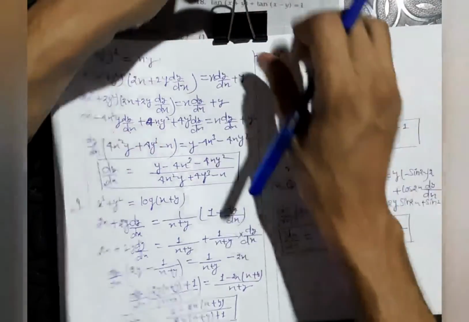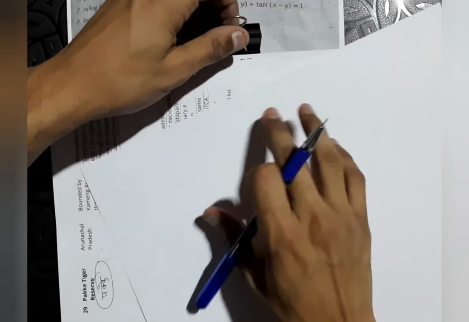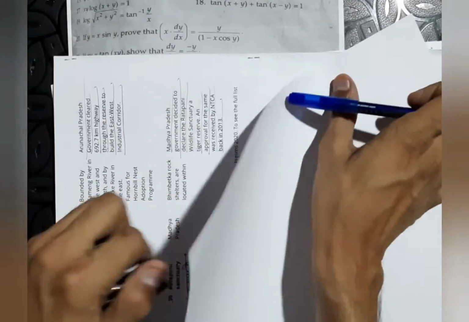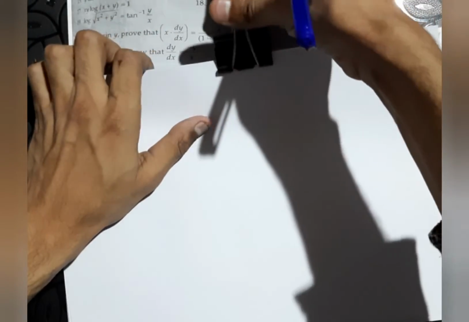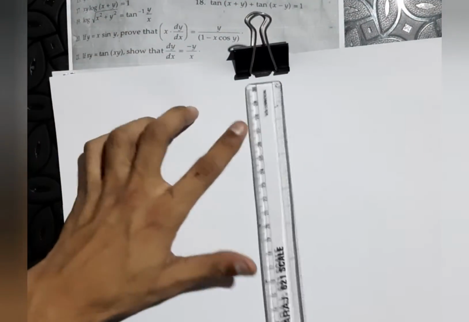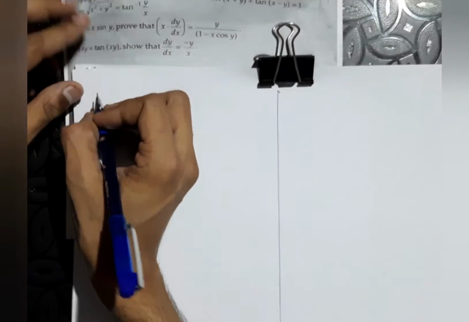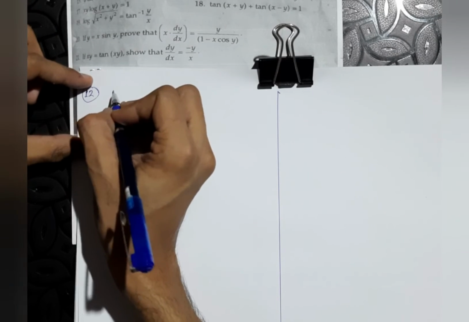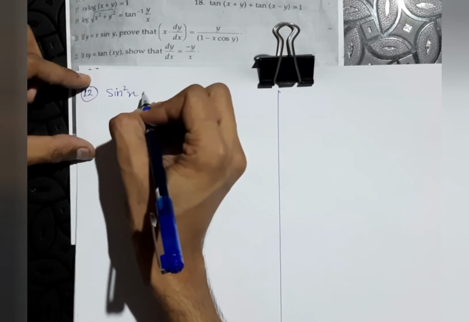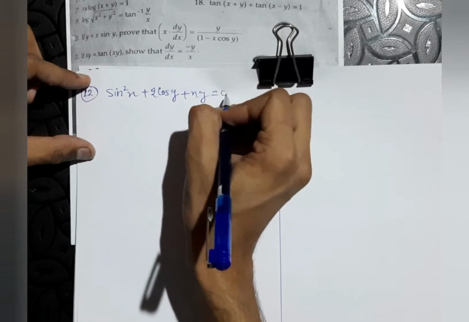Question number 12 is sin square x plus 2 cos y plus xy equals 0.